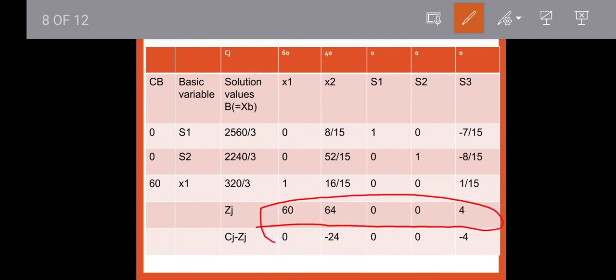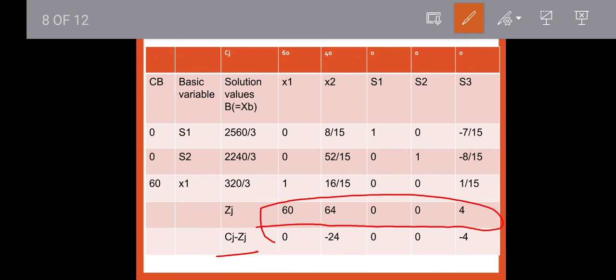Then we need to do Cj minus Zj. Cj is 60, Zj is also 60. 60 minus 60 is 0.